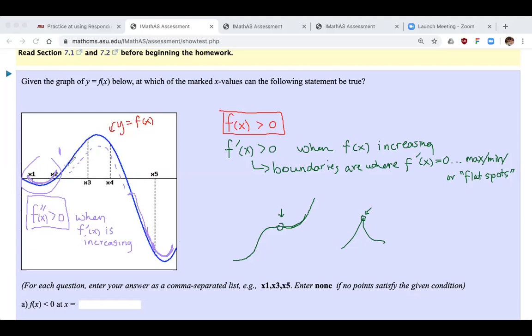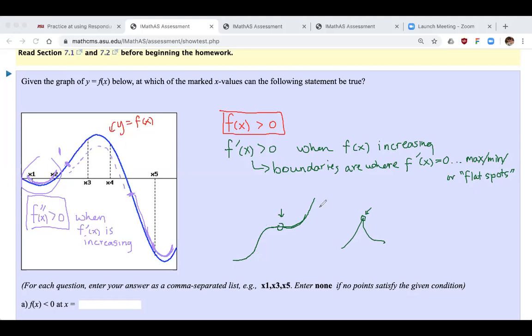Maybe here's the dividing point over there. But these two things that I drew on here, just my eyeballing it, are places where the second derivative would have to equal 0. If it's changing from positive to negative or negative to positive smoothly, then at those two changeover points, it would have a second derivative value of 0.